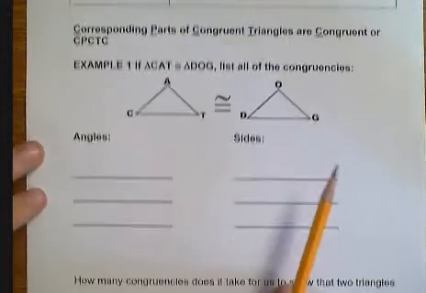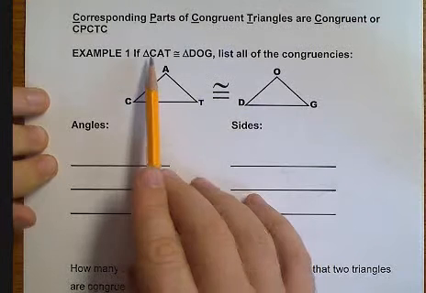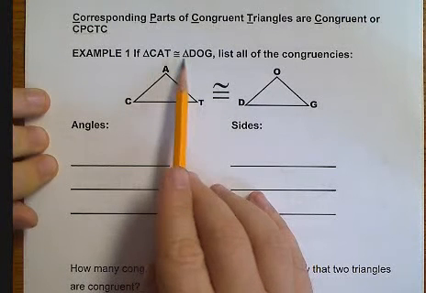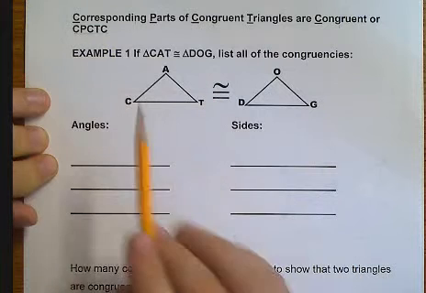So let's review. If triangle CAT is congruent to triangle DOG, we list all the congruencies. Well, let's start with the angles.